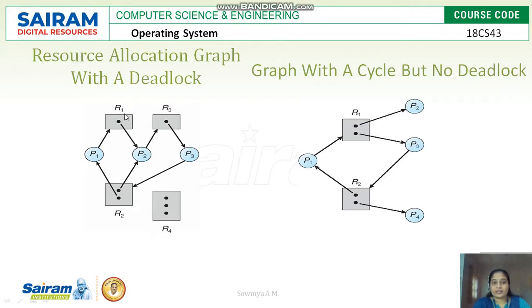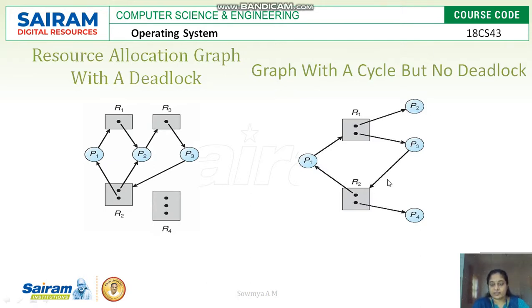P1 is waiting for R1, but P2 is using it. To complete, P2 needs R3, but P3 is utilizing it. To complete, P3 needs R2, which is utilized by P1 and P2. P2 will not complete before R3 is released. P3 will not complete until R2 is released. P1 is not completed until R1 is released. So every process here is dependent on another process in a circular way. This condition leads to deadlock.